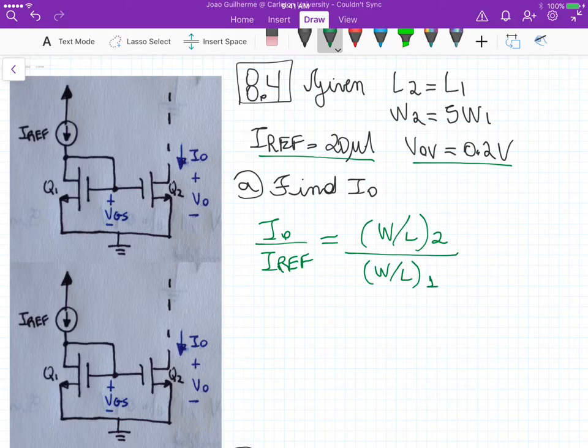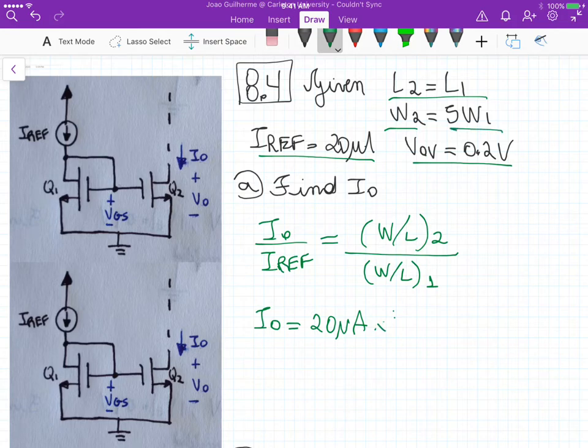Now we know the reference current is 20 microamperes. If we substitute W and L for each transistor, for transistor 2 we have L2 equals L1, and W2 equals 5 times W1.